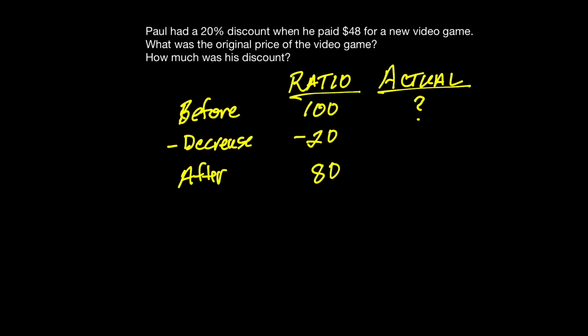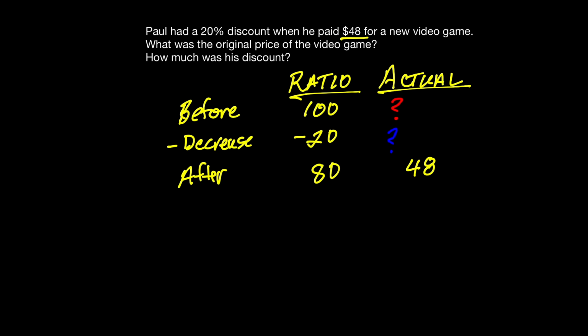So we also know that he paid $48 for the new game. So that goes here. So we have two things that we need to figure out. The first thing to figure out is what was the original price of the game. So let me color code with my school colors. So this is going to be the red, and then I'll do blue.